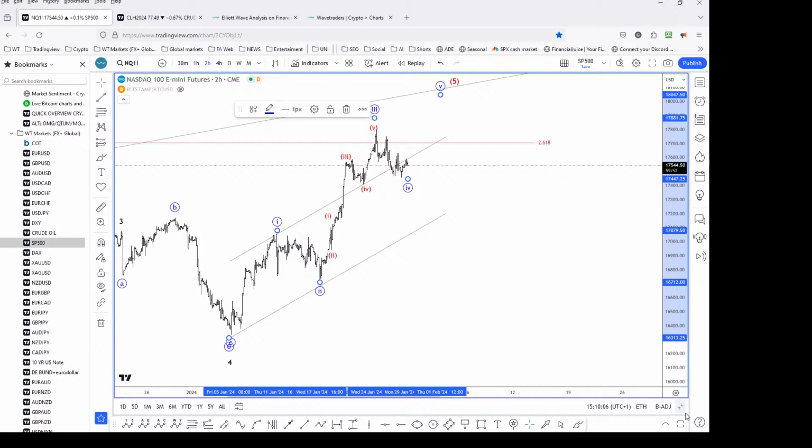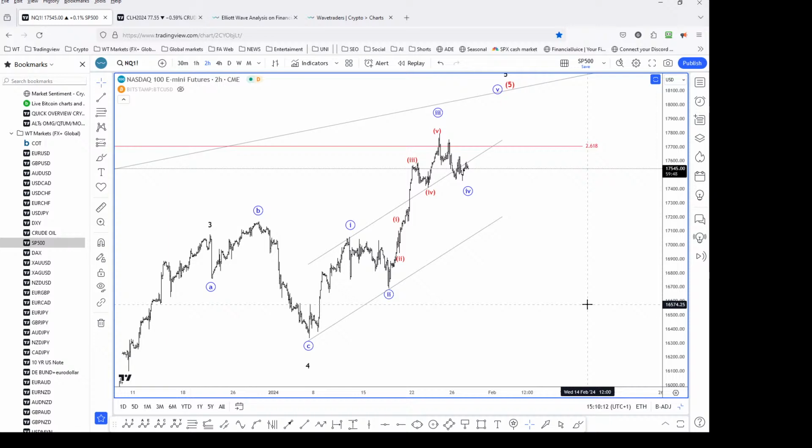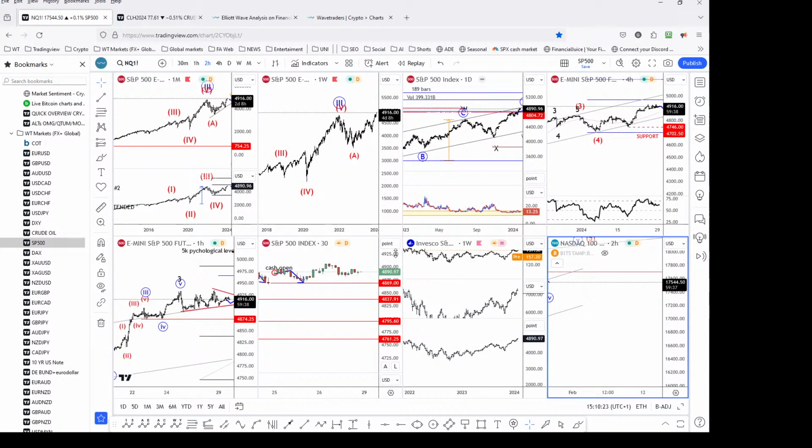So I think this market, at least for the short term, should stay up, but try not to link it with cryptos too much, because as you know, this market completely diverged after this ETF launch and after the cryptos came to the downside. I will also take a look at Bitcoin a little bit later.